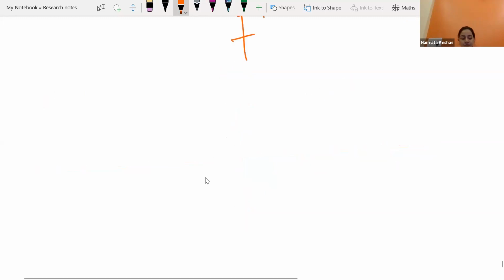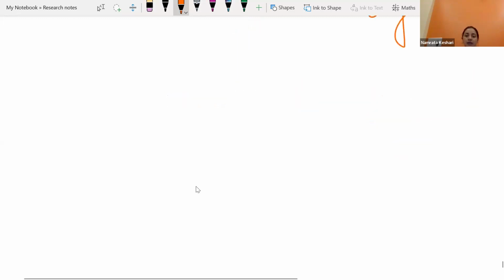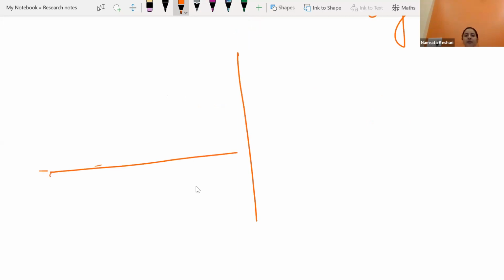Now we are supposed to discuss the concept of modulus. Modulus means distance from origin. Suppose we have an Argand plane and a point P over here, and that point's coordinate is a comma b.